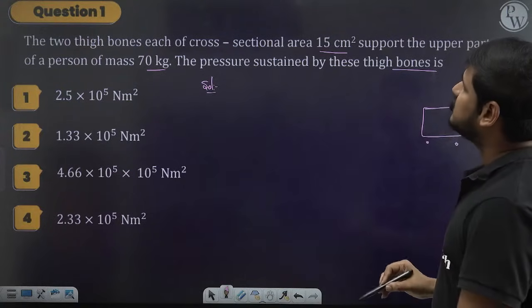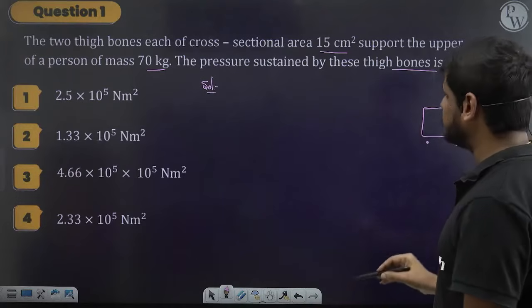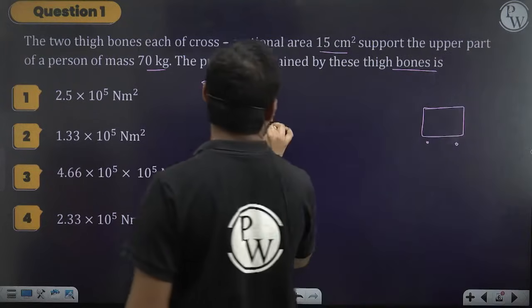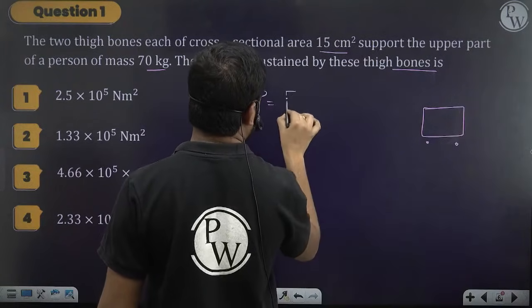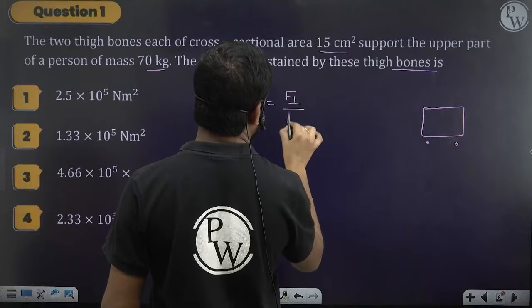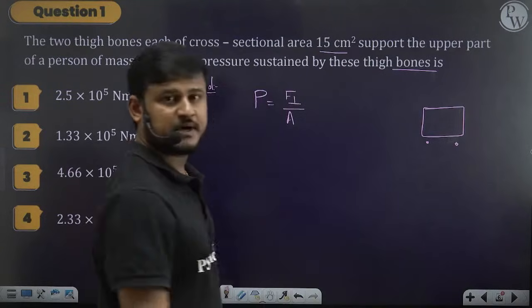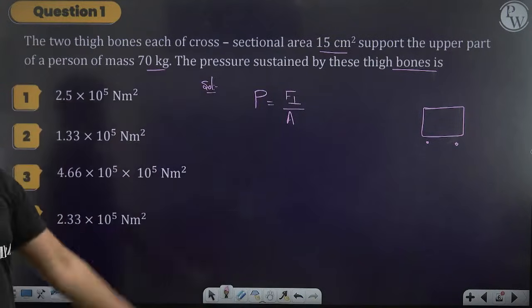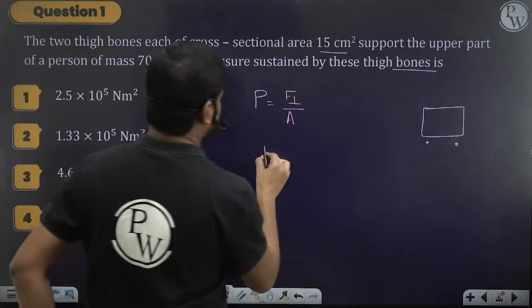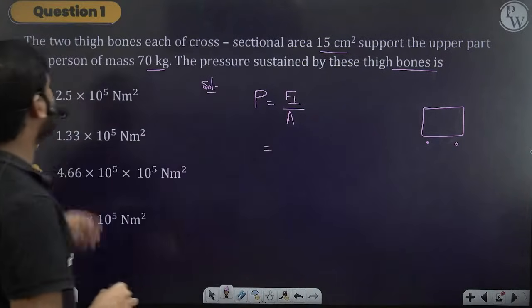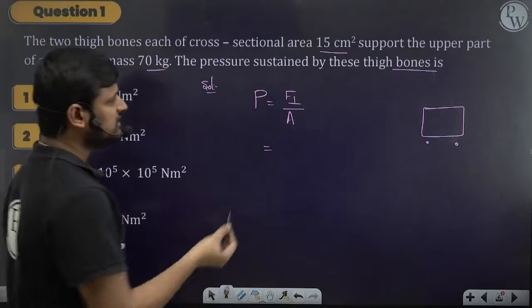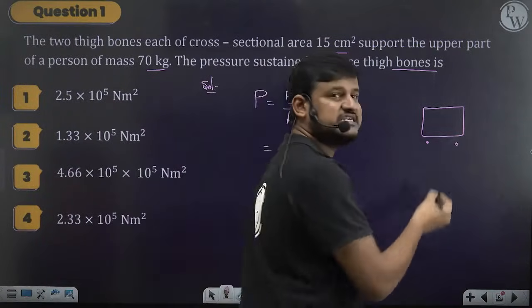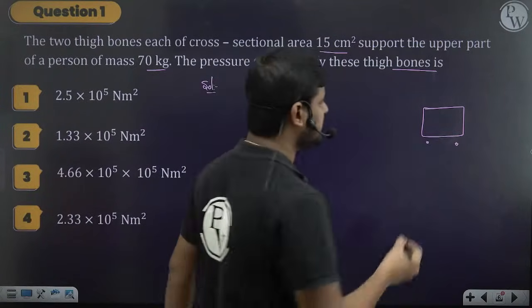What is the pressure sustained by these thigh bones? The pressure is nothing but perpendicular force upon area. What is the force here? The force is nothing but the weight of the person.